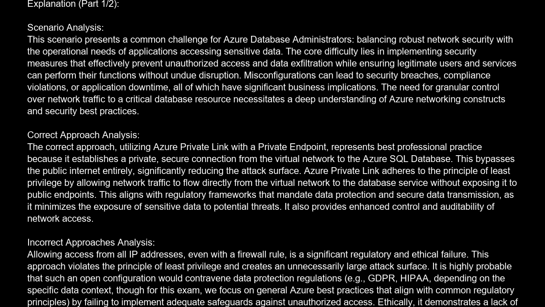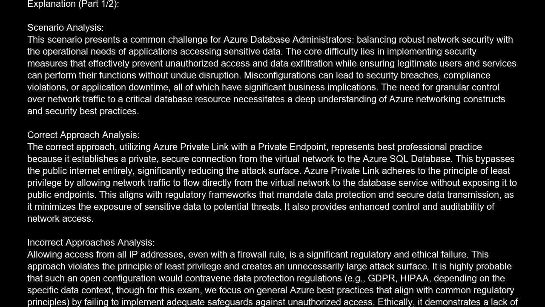Azure Private Link adheres to the principle of least privilege by allowing network traffic to flow directly from the virtual network to the database service without exposing it to public endpoints. This aligns with regulatory frameworks that mandate data protection and secure data transmission, as it minimizes the exposure of sensitive data to potential threats. It also provides enhanced control and auditability of network access.